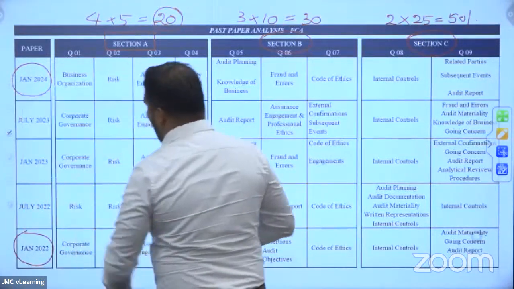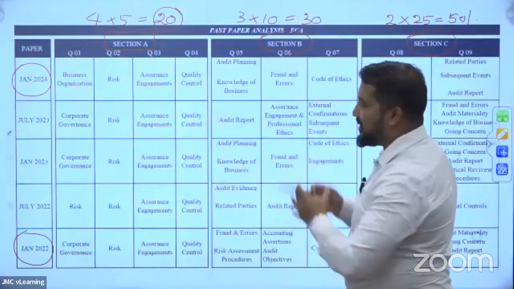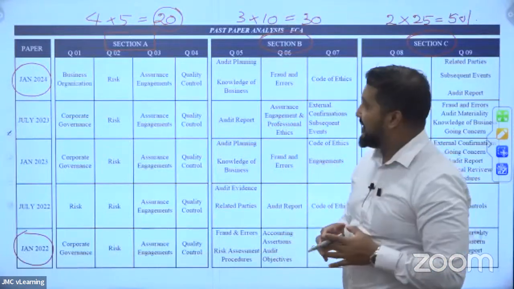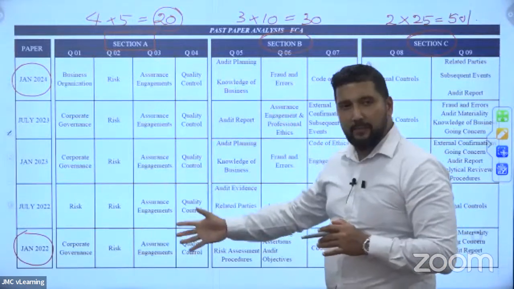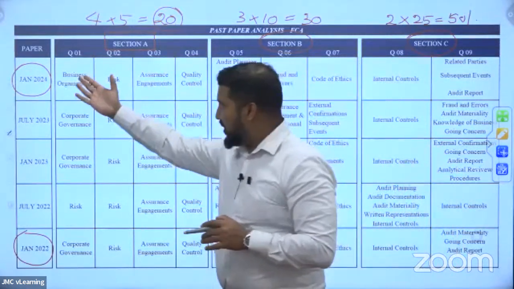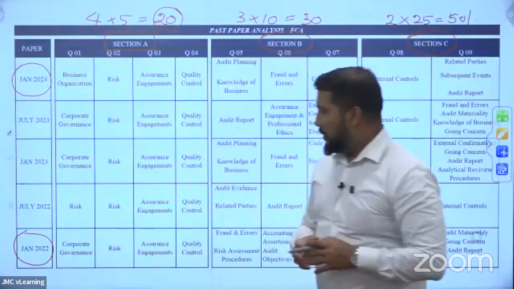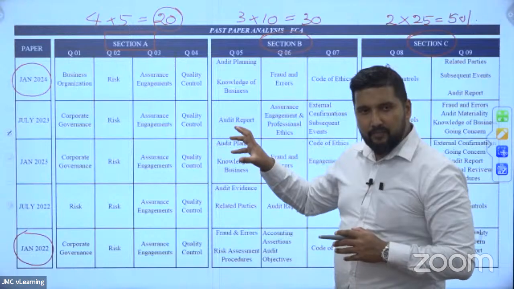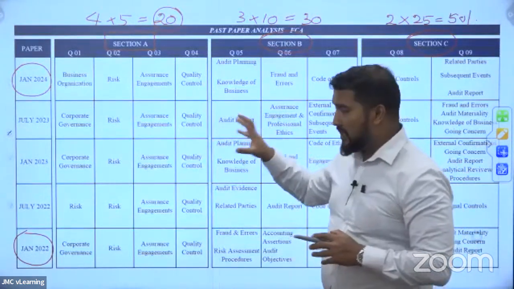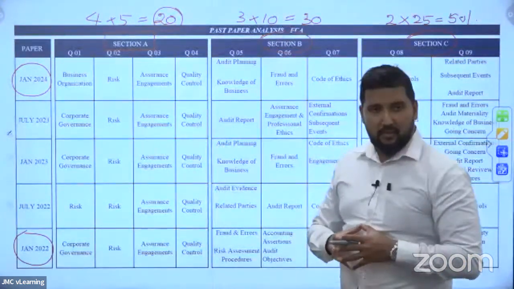We'll analyze section A first. අපි මුලින්ම section A එක පොඩ්ඩක් analyze කරලා බලමු. When you analyze the past 5 papers from 2024 January to 22 January, the structure of the paper is very similar in each paper.